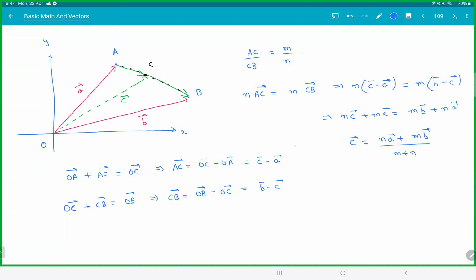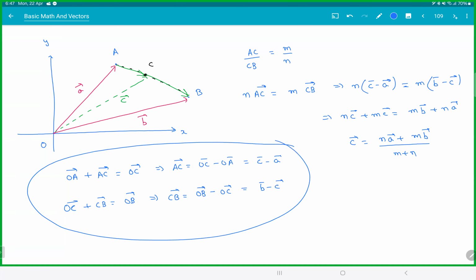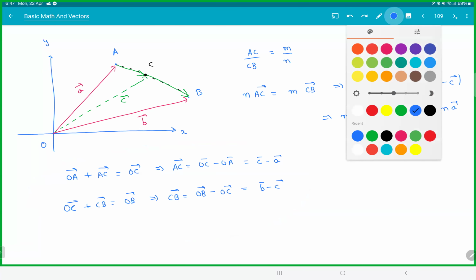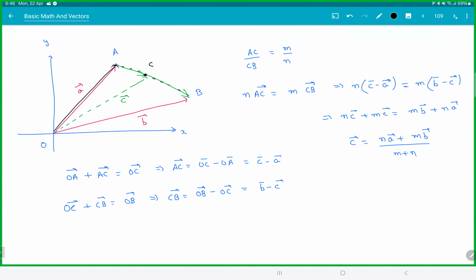Are you clear what I did? Is this part clear? Please ask me if you're confused in this one. So this is what I did, straightforward, right? O to A to C should be from O to C. O to C and C to B should be O to B. I hope you're getting the paths. So I just arranged them a bit.